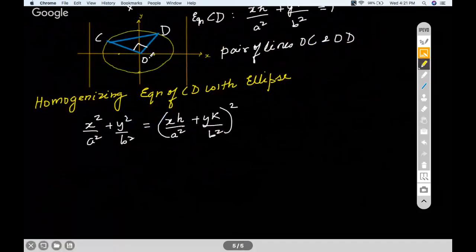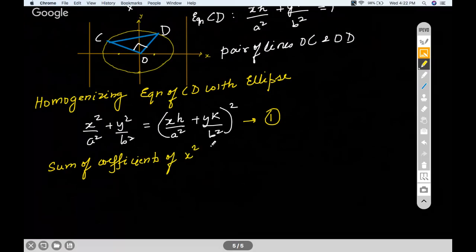Now, you know it's 90 degrees, that means it represents a pair of straight lines which subtends 90 degrees at the origin. That can only happen if the sum of the coefficients of x² and y² in this equation adds to 0.